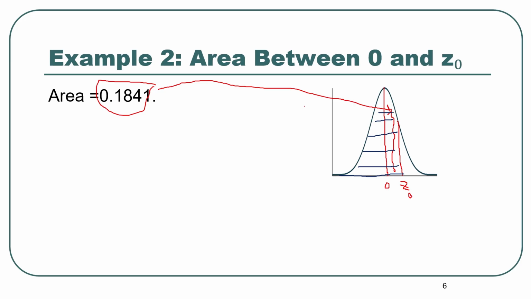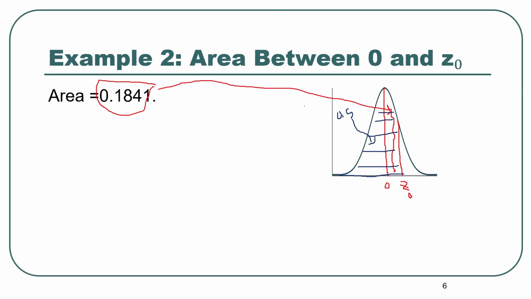If this area is 0.1841 between 0 and z-naught, the area from 0 to minus infinity underneath that curve is exactly half of the curve, 0.5, since we said before that the total area under the curve is exactly 1.